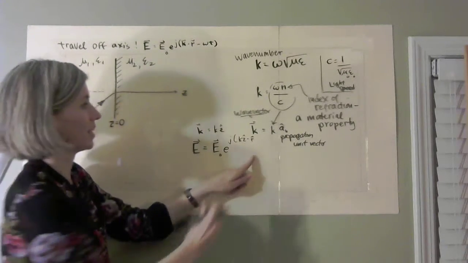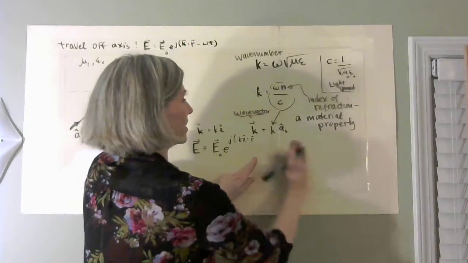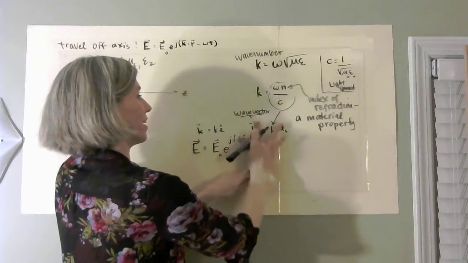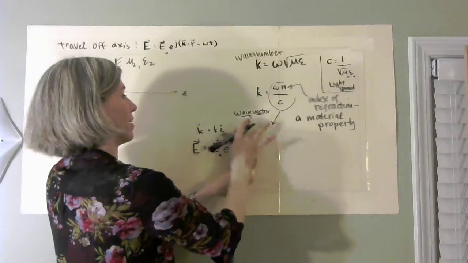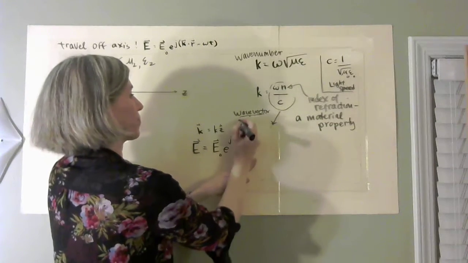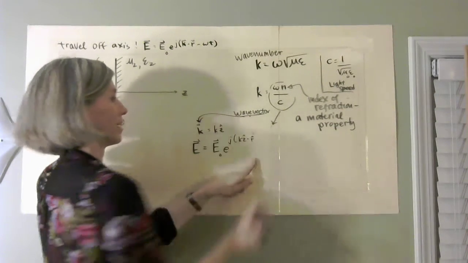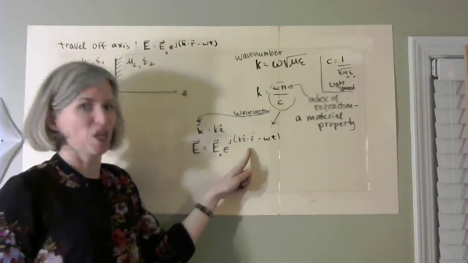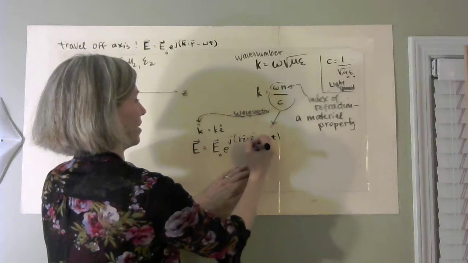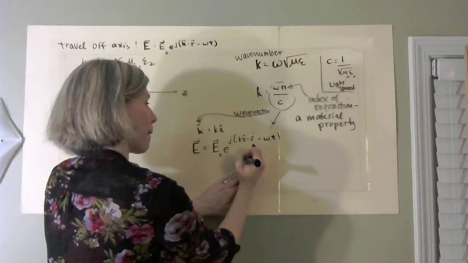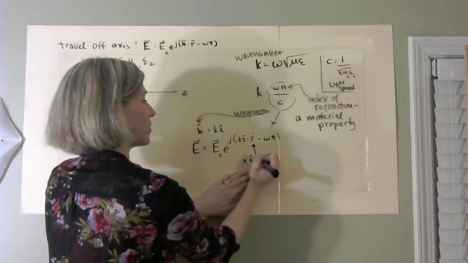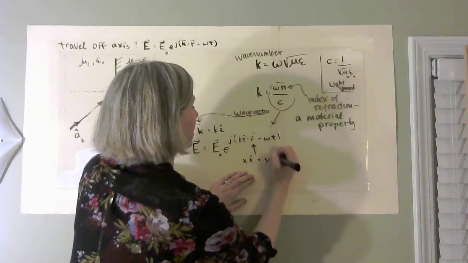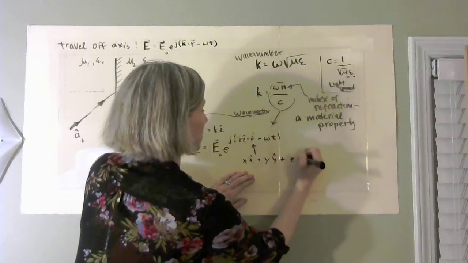Okay, a little r. And let me knock out some of this stuff. Wave vector is this thing, minus omega t. And in Cartesian, r is x hat plus y hat plus z hat.